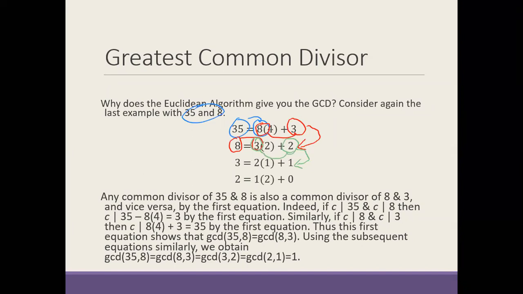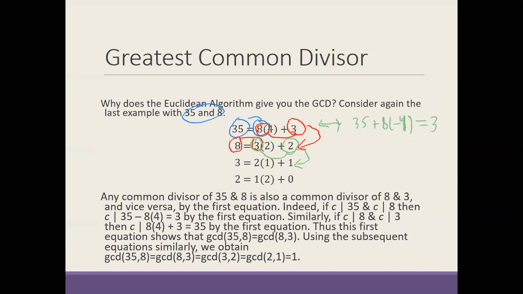And we reasoned out why it is that at each stage, we're actually preserving the greatest common divisor, because the first equation shows that anything that is a common divisor of 35 and 8, because after all, this equation is the same as 35 plus 8 times -4 is equal to 3, will also be a divisor of 3.